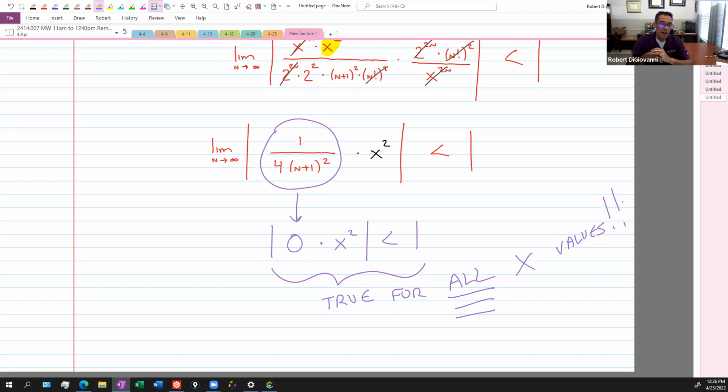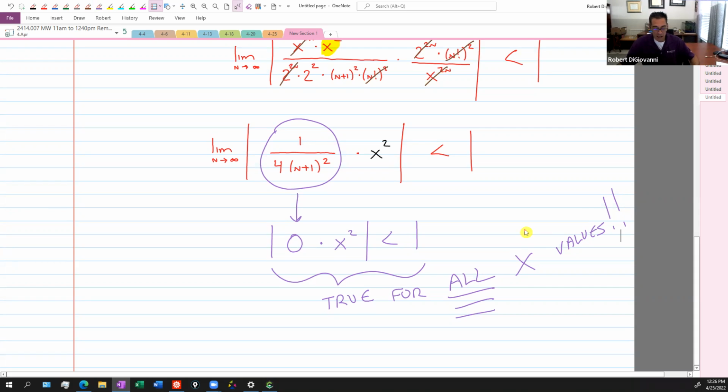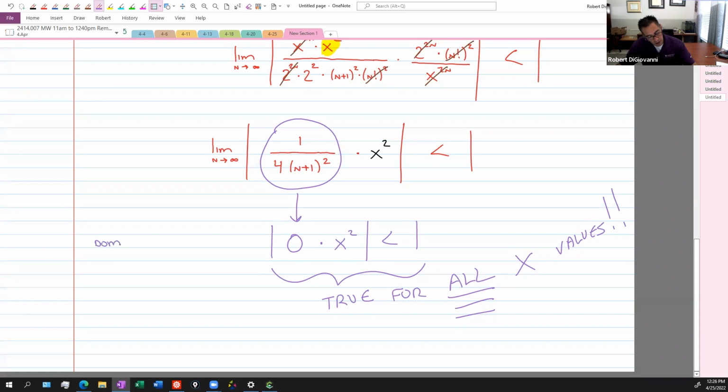And in the third example, the domain is what? All real numbers, everything, because we can plug in any x. So the domain of this power series is negative infinity to infinity.